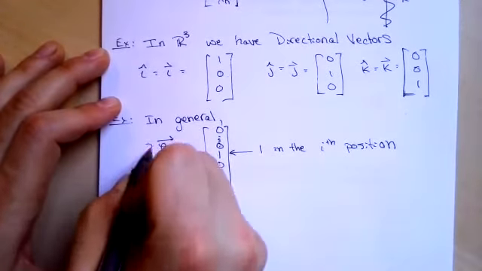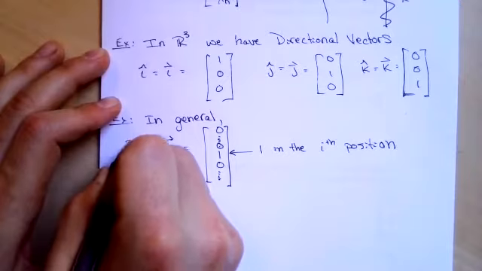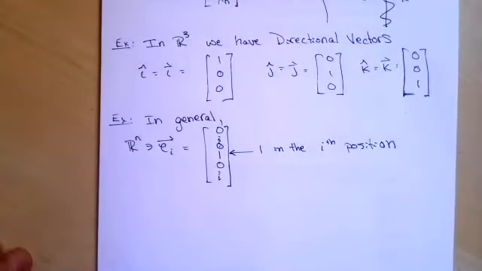This guy is an element of Rn. These are what are going to be known as our basis vectors, or our standard basis, which we'll develop more in the coming weeks.